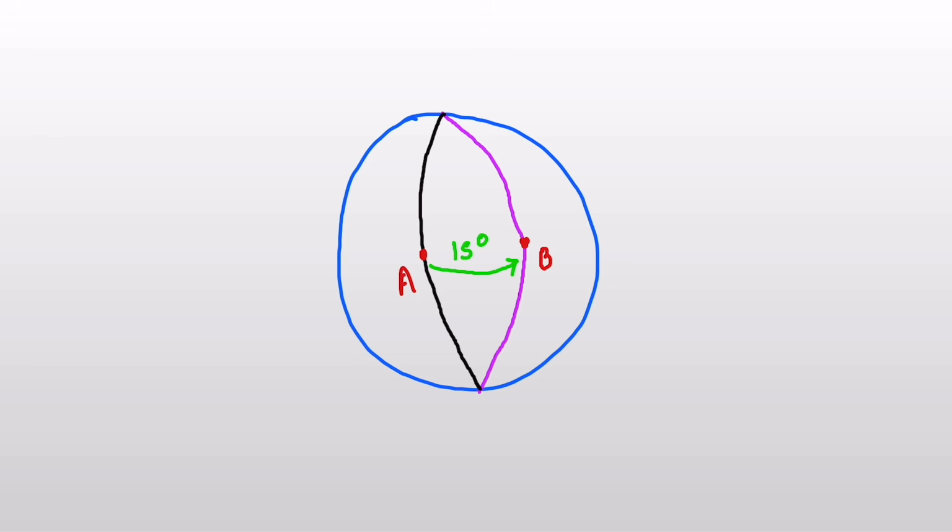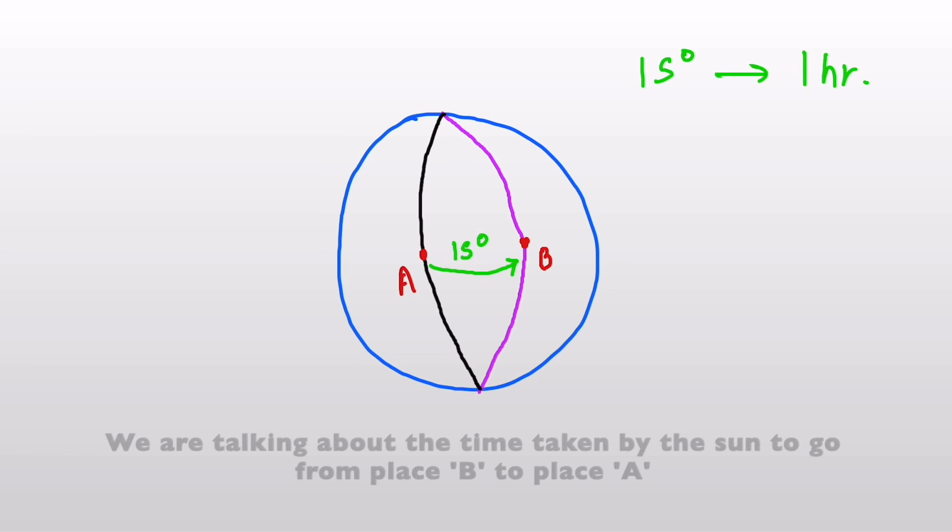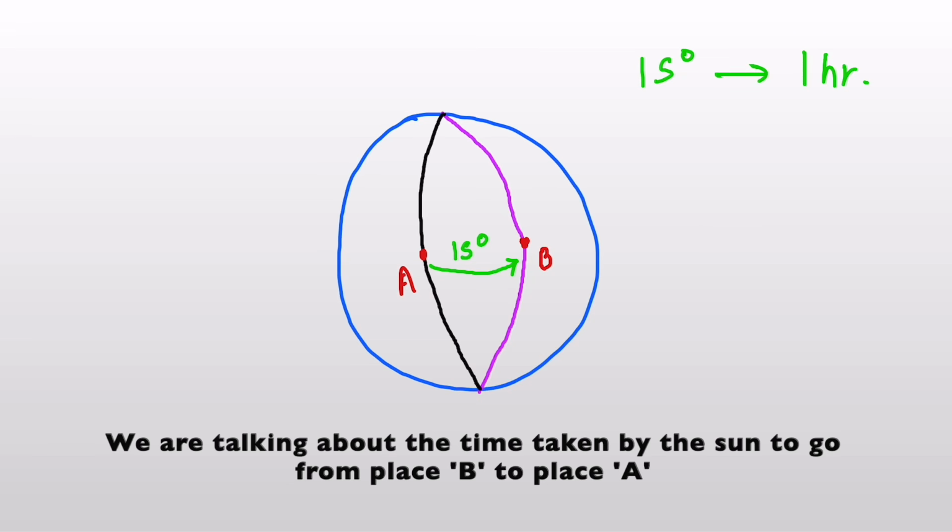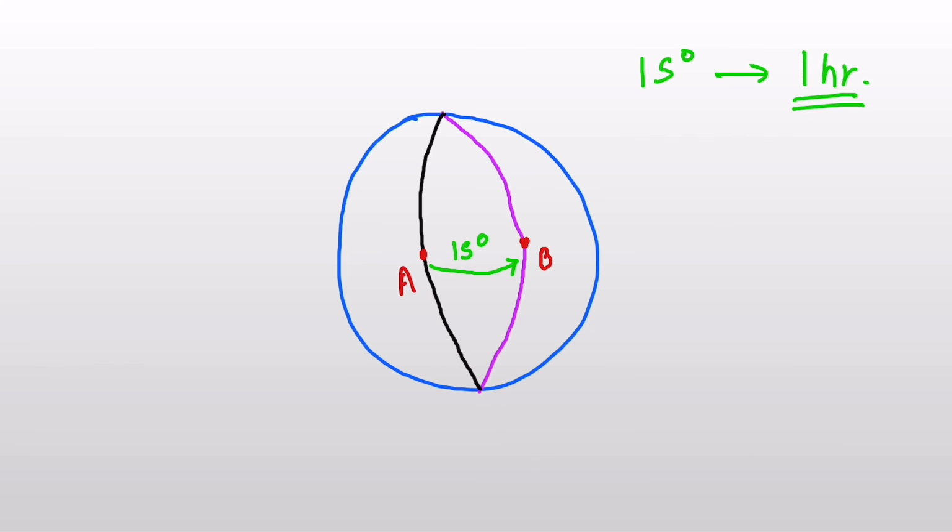Now what do I understand from this? I know that the earth is rotating 15 degrees in every 1 hour. So the time it took from place B to place A with respect to the rotation of our planet is 1 hour. That means the time difference between place A and place B will be 1 hour.